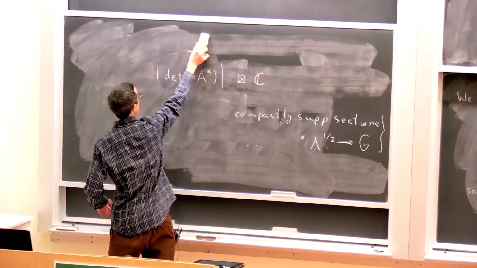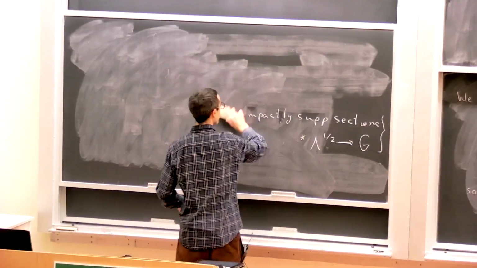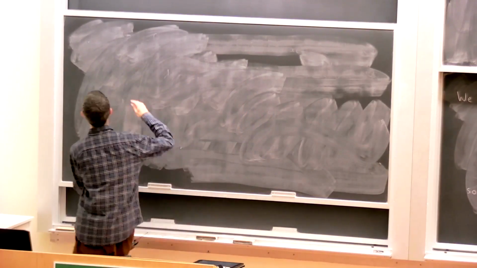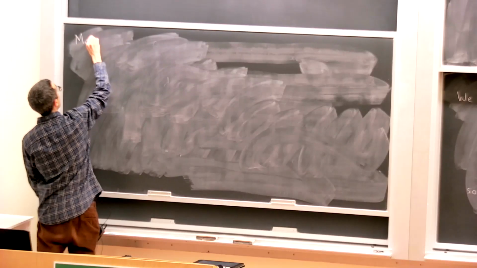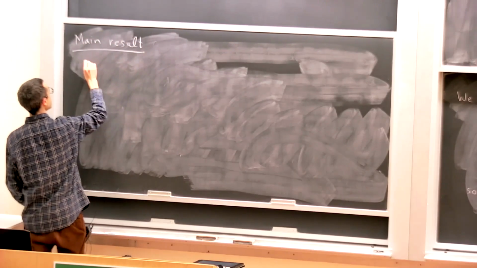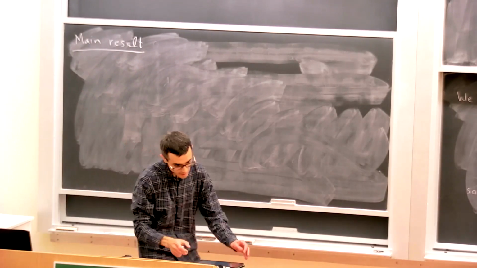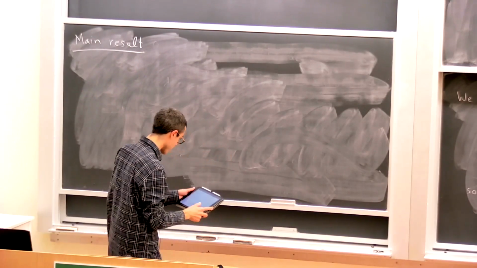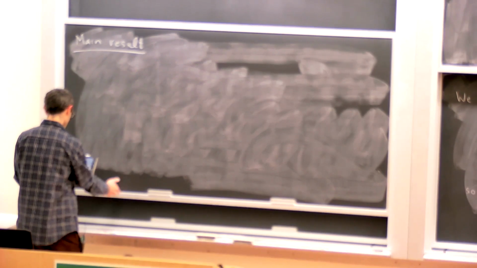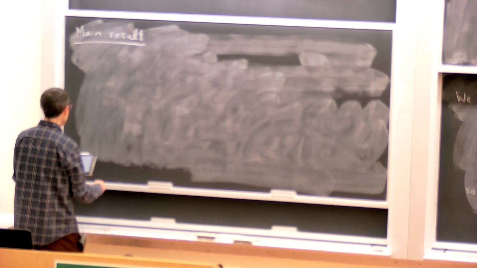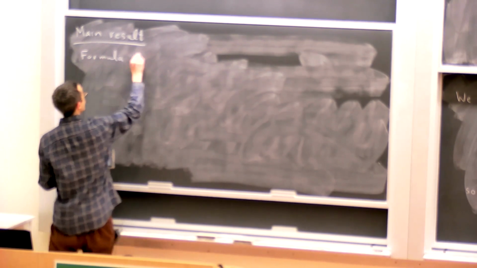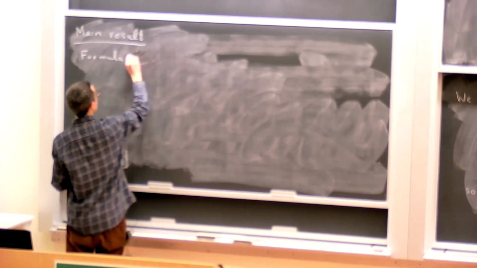So our main result is a formula for that quantity. Maybe I won't write down all the assumptions again. They're the assumptions that I've been carrying along all the time. So it's the following formula.